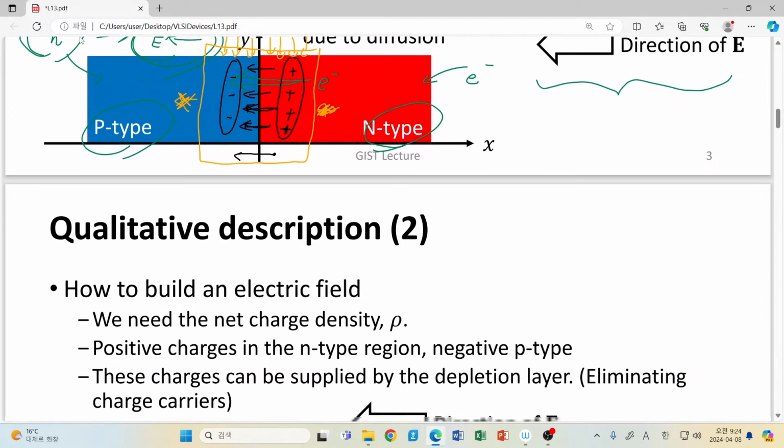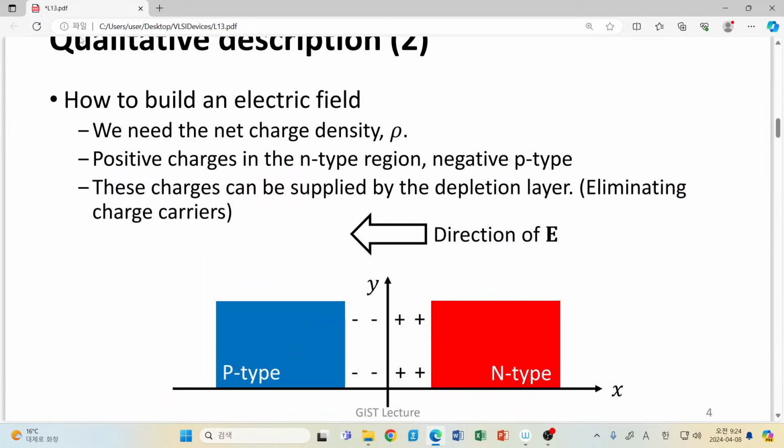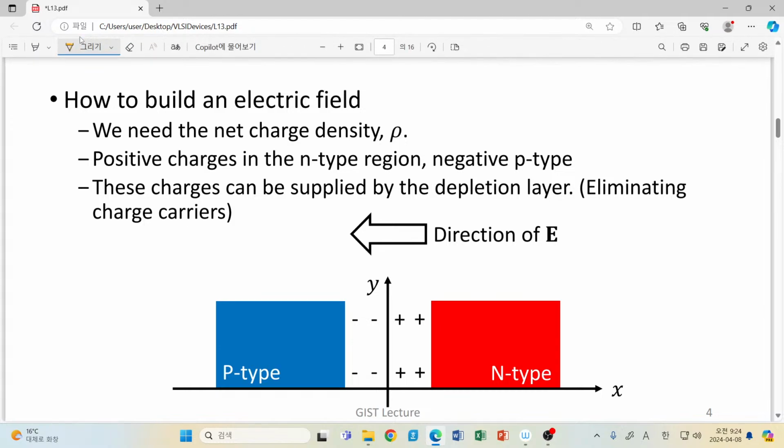Okay, so let me just come back. So then how can you build an electric field inside this p-n junction? Then we need net charge density, because electric field, or similarly the displacement vector, originates from our net charge density.